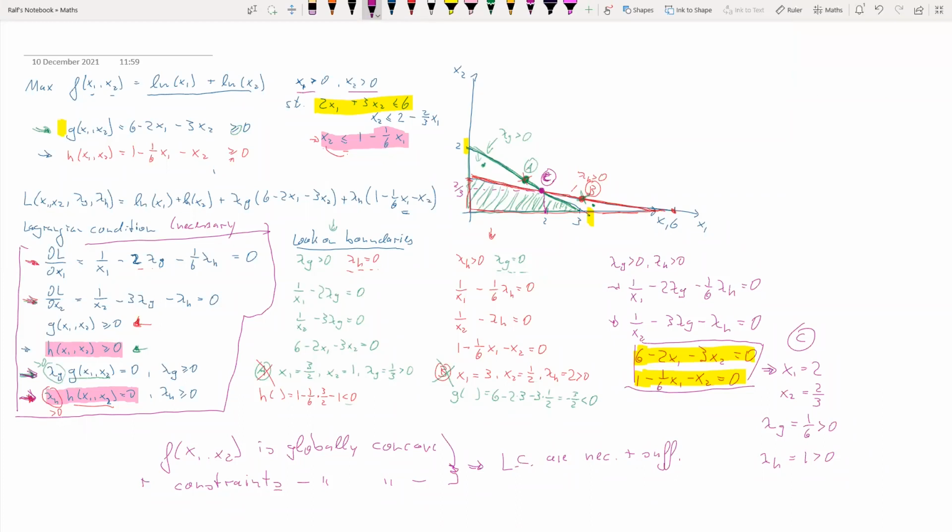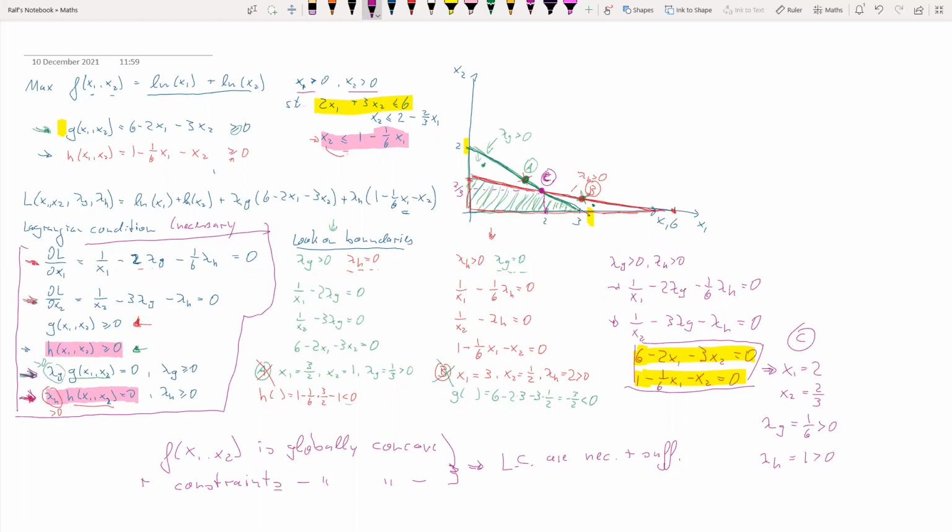I just want to stop you before going further. There is some confusion about why we need to solve in this setting the constraints lambda g and lambda h greater than or equal to 0, instead of, for clarification, they know the intersection point of the two constraints already.